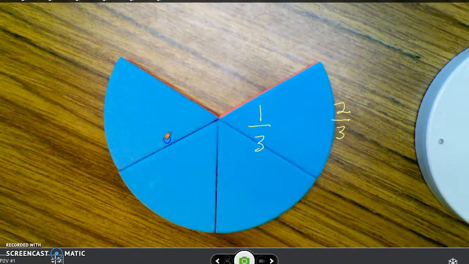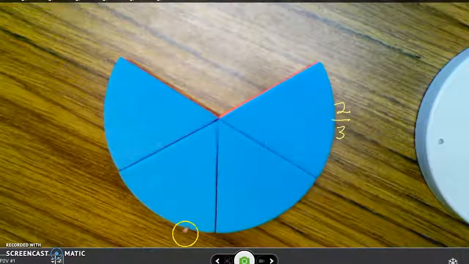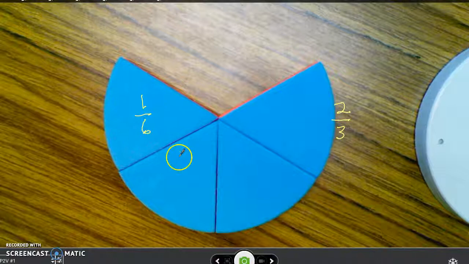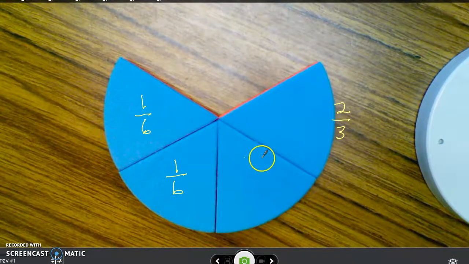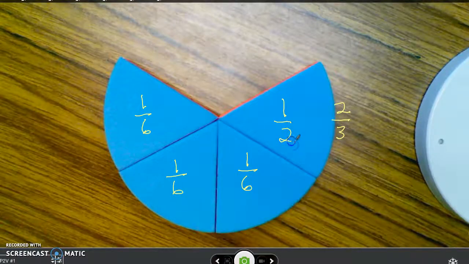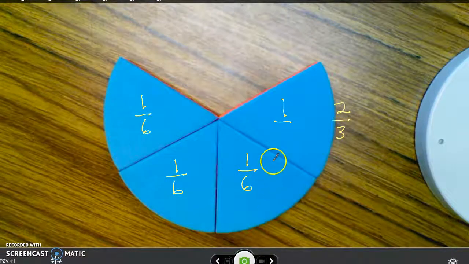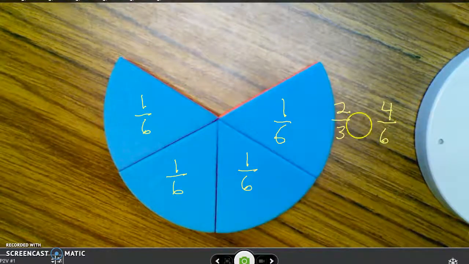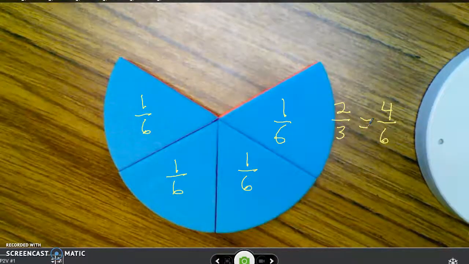Now I have 4 pieces that are 1/6. So if I put all of those together, oops, not 1/2, 1/6. If I put all those pieces together, I now have 4/6. So as you can see, 2/3 equals 4/6.